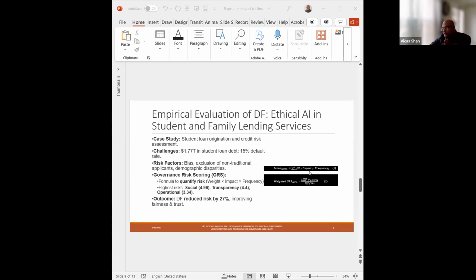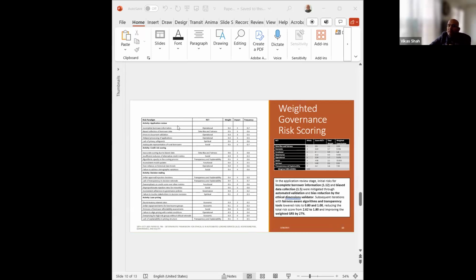So we have collected that data and put it into this scoring equation, and then eventually, based on the weighing, we identify the governance score for the entire lending process for the specific set of data, I would say, right? So we have considered 4 different activities, which are the application review, credit risk scoring, decision making, and loan pricing. Based on that, we identify which risk classification it is, what the weighings are, what the impact is overall, right?